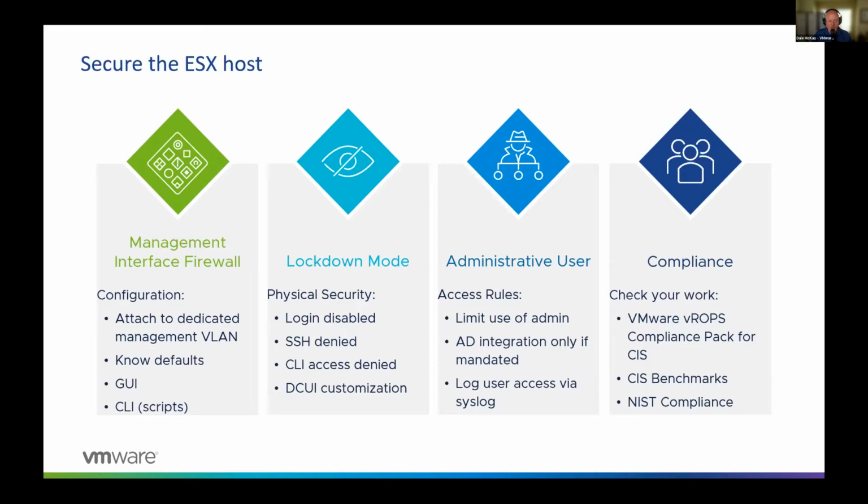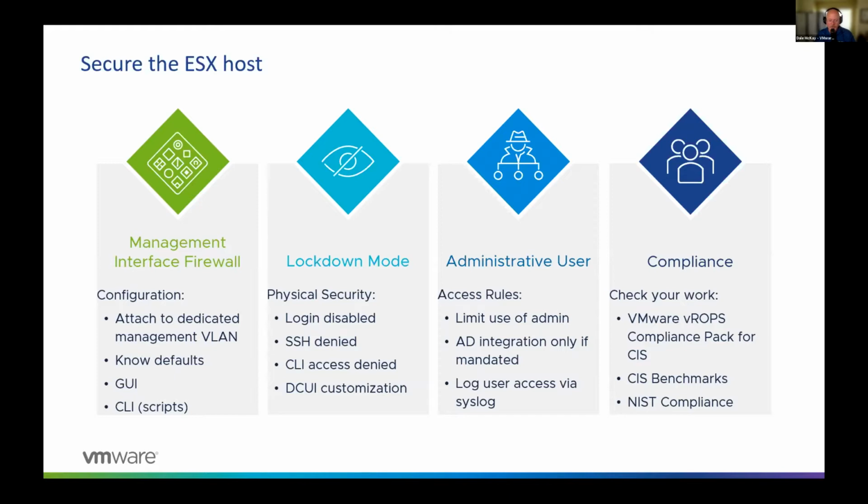There is also a firewall that's available on ESX host and on the vCenter server. Those firewalls, again, should be configured. It doesn't have to be extremely granular in its configuration, but there should be some configuration, at least with reference to the environment that they're operating in. You should also know what the defaults are on that ESX host firewall.